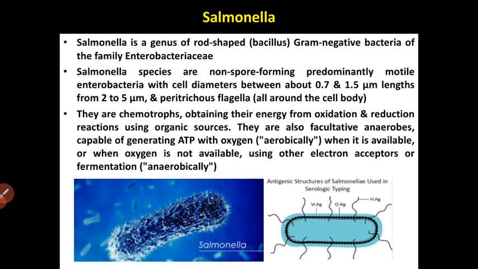Understood? They are pathogenic for many species of animals and produce enteritis and typhoid-like disease. S. typhi and S. paratyphi A differ from other species in that man is the only natural host. Understood?